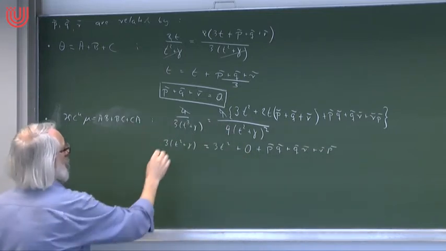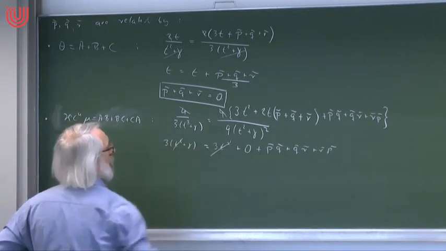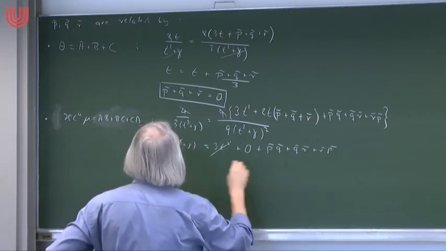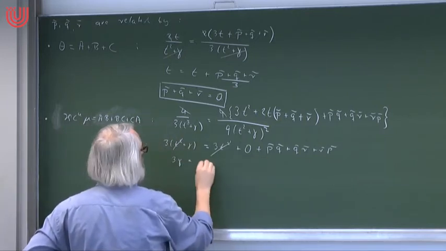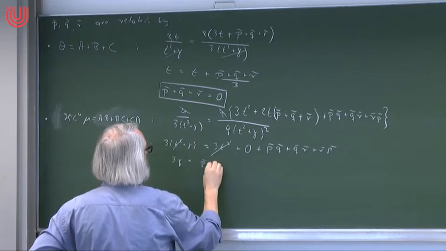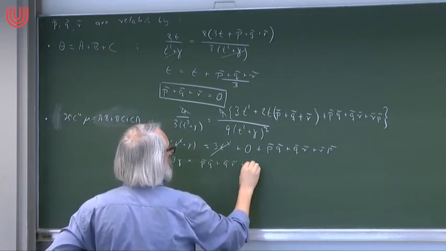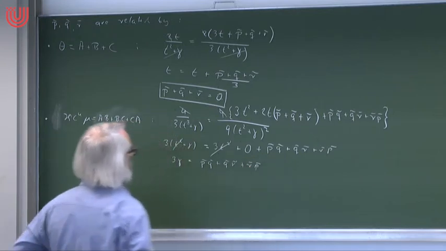So you see the 3t squared goes away, and we have found that 3 gamma is P tilde Q tilde plus Q tilde R tilde plus R tilde P tilde.